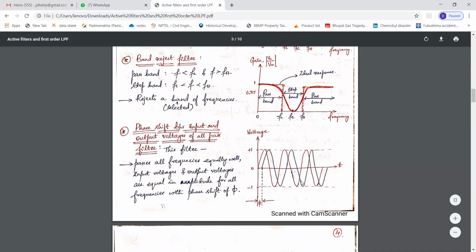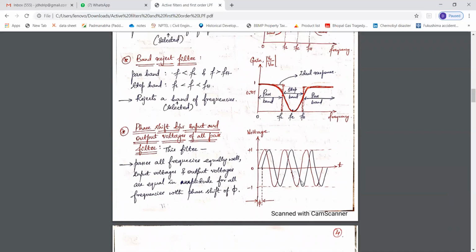And next we have a curve which represents the phase shift between input and output voltages for all pass filters. Meaning, this filter passes all the frequencies well, but the input and output voltages will have a phase shift. One thing you must observe here is the amplitude of input voltage and output voltage is equal for all frequencies.